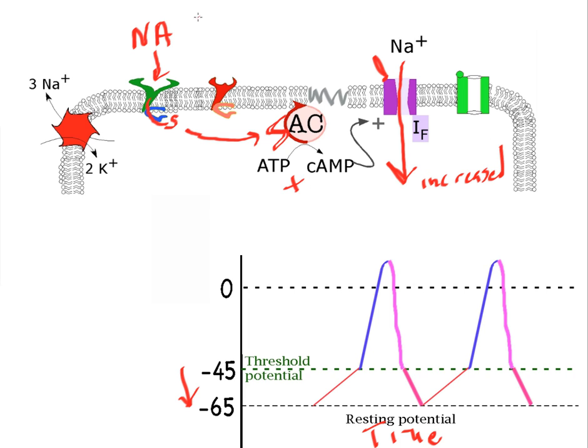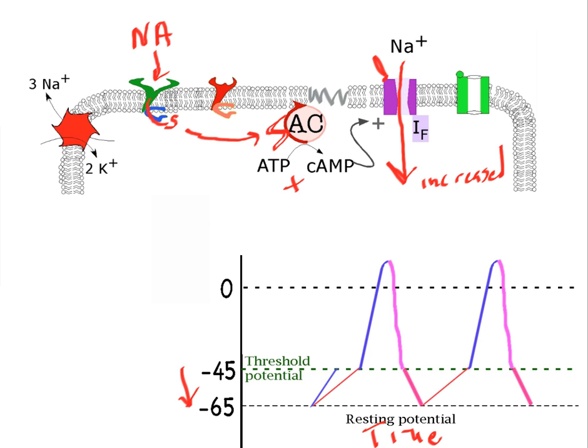And if there's more flow through those channels, you're going to now have a slope that's increased, which means these action potentials will come more frequently.